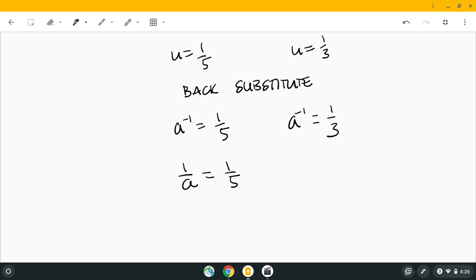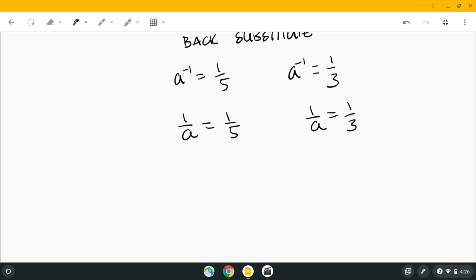Okay, so this one's a little bit different. A to the negative 1 is actually 1 over a. So 1 over a. Okay, so there are different ways to solve something like this. I mean, it already makes sense, but in case it doesn't line up nicely like this, remember you could cross multiply.